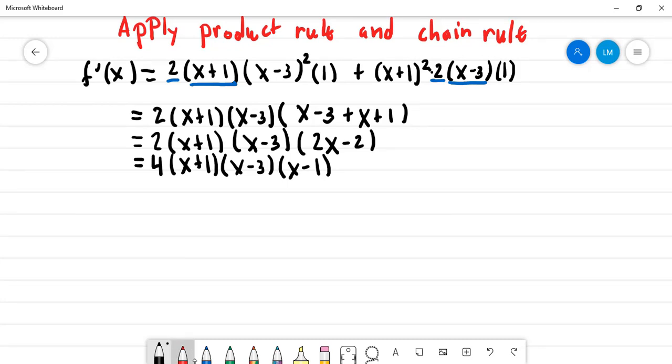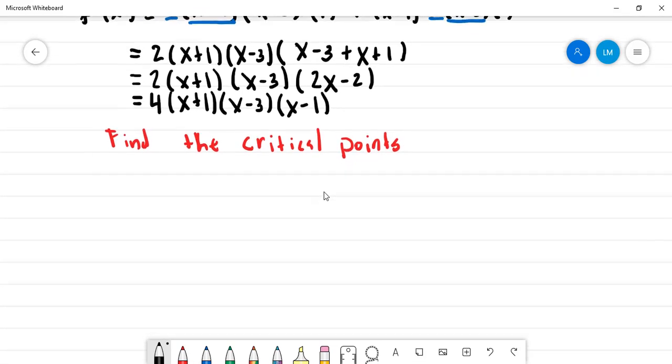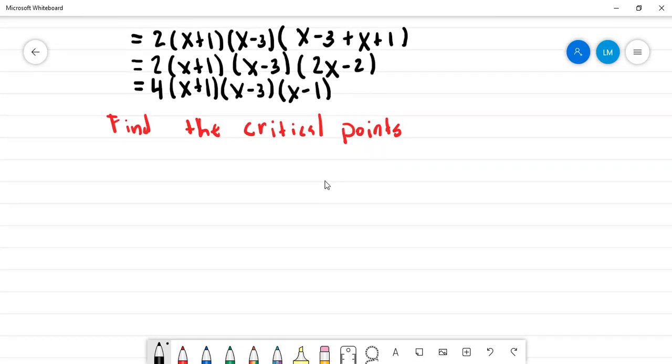So next we'll find the critical points. f prime of x must equal 0.